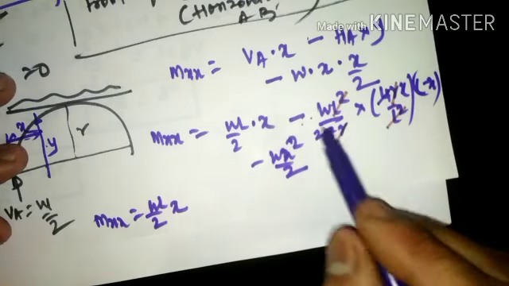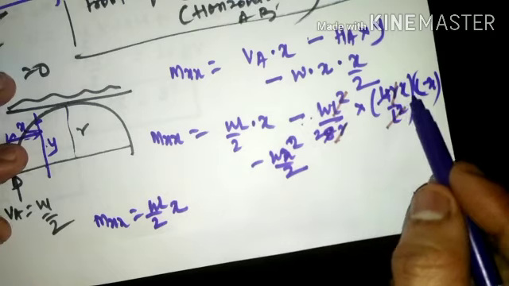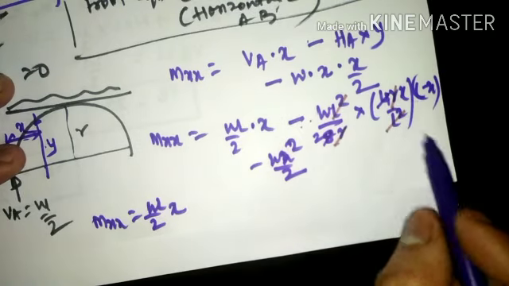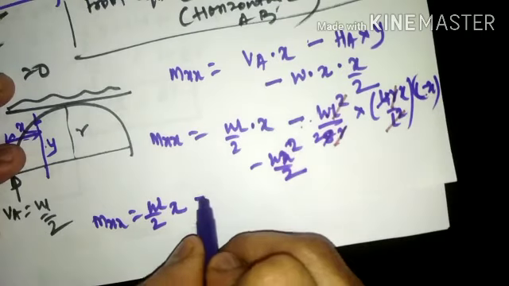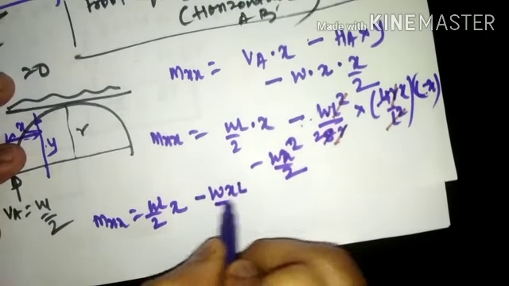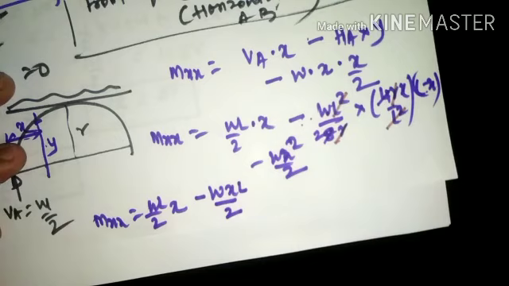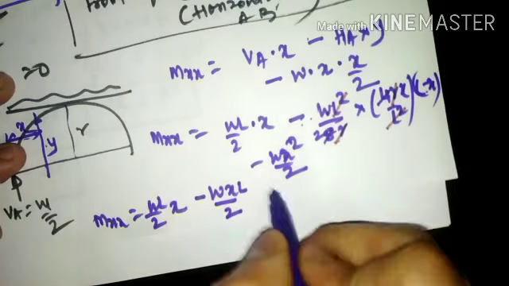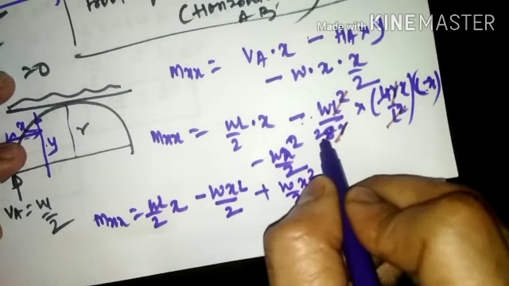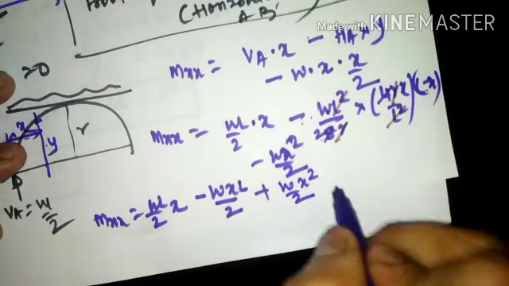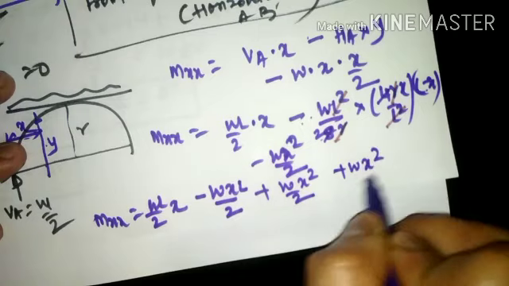When it is multiplied inside, the first term is W, x and L, so it should be minus W x L by 2. That is the first term. And minus into minus will become plus, plus W x square by 2, because the denominator you already have 2 here. Then plus W x square by 2.